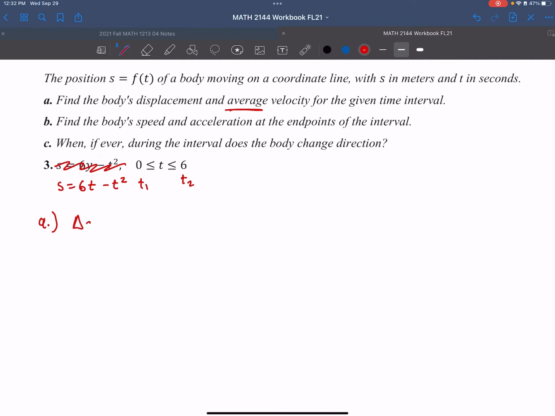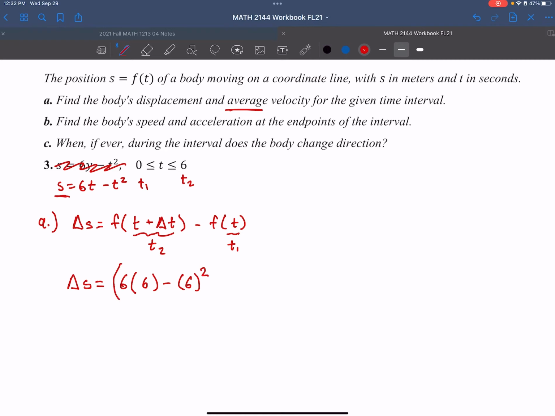The displacement was just f of t plus delta t minus f of t. But remember, you could just think about this as t2, and this is t1. So the displacement, or delta s, is just going to be f, or in this case, we're using this as our function, 6 times 6 minus 6 squared.